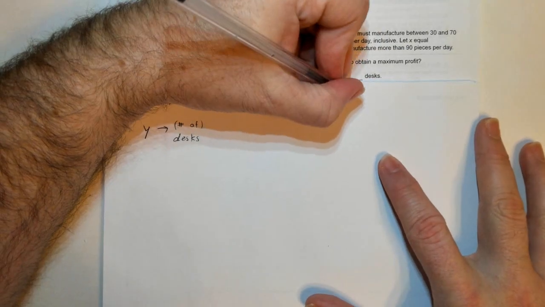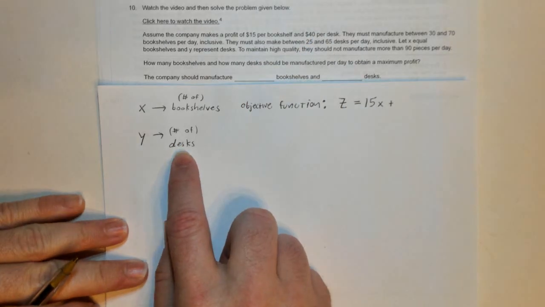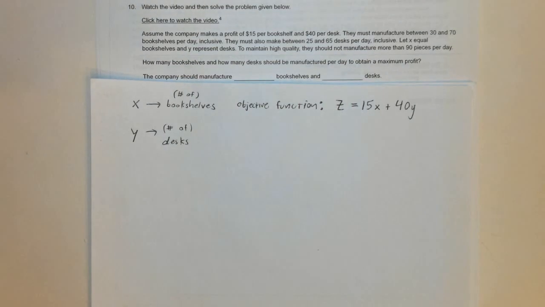Okay, so that means Z is equal to 15X for bookshelves plus 40 for desks. So 40Y. That's our objective function.